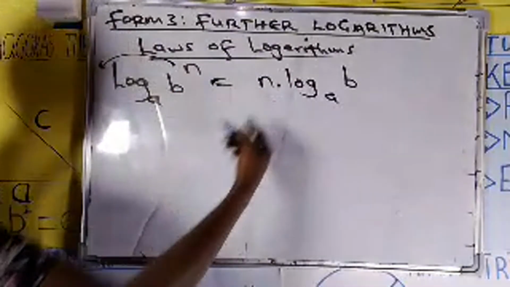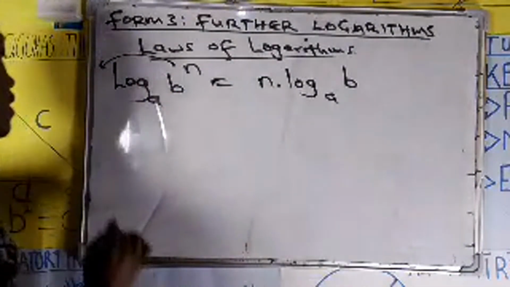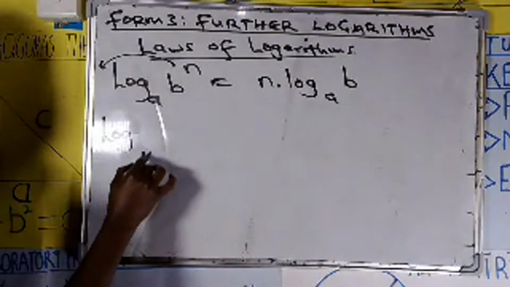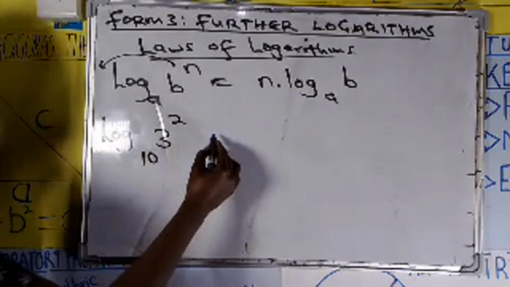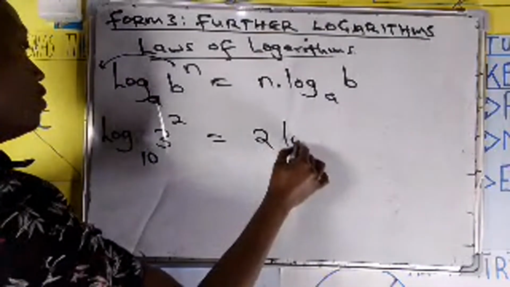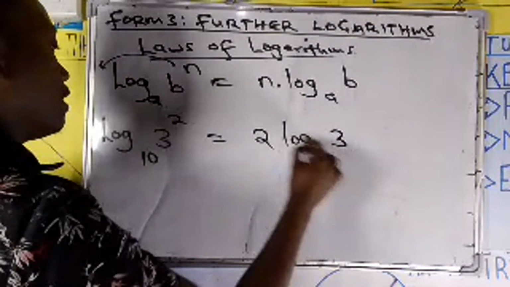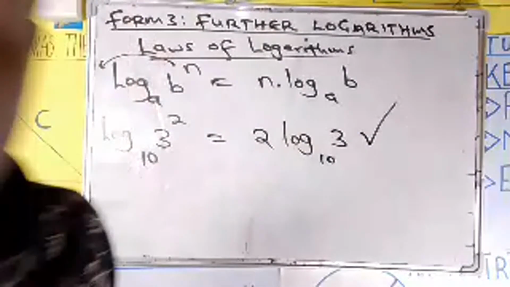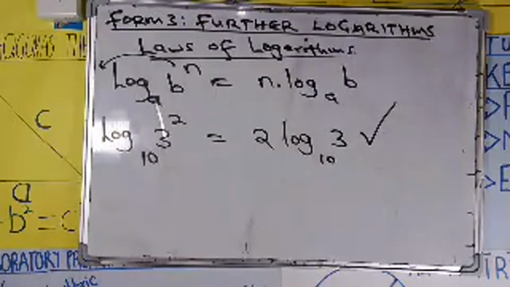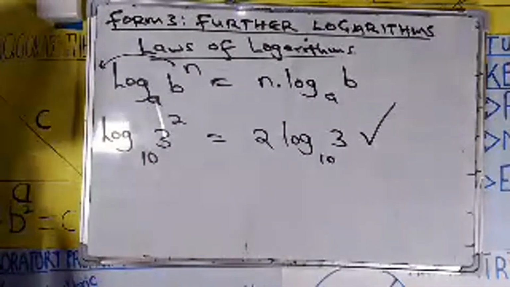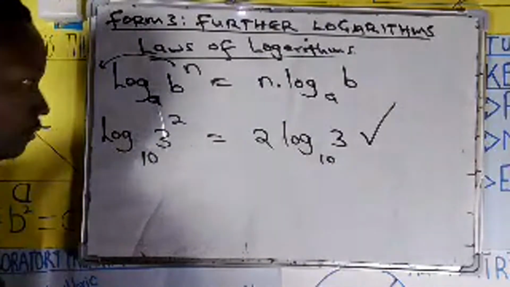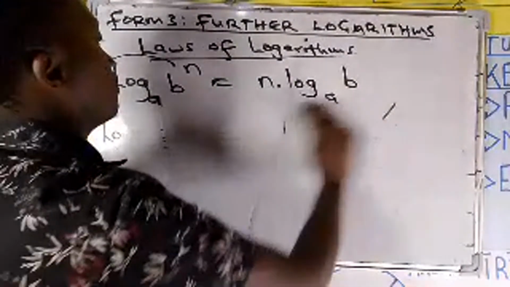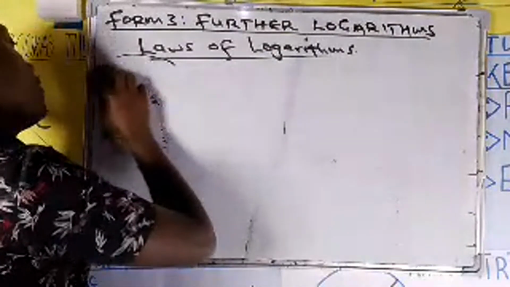This power has come back to the front. So what does that mean? That means if we have a number like logarithm to base 10 of 3 squared, it is the same as saying 2 logarithm to base 10 of 3. So when we do that, we can do a few questions.